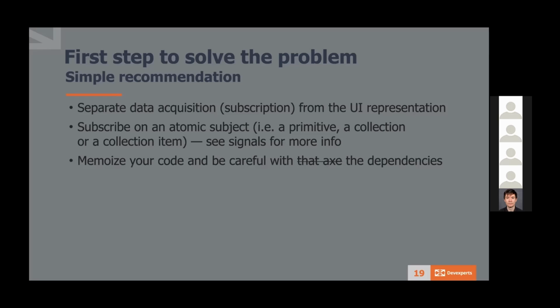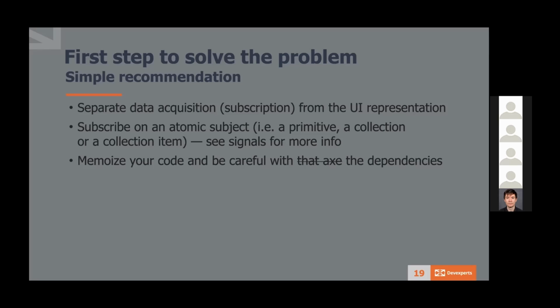Then we should minimize our code and be careful with the dependencies. Really, dependencies is a big deal. If you mutate your object, or the reference has changed but the object didn't change, it can start or not start some updates when it should, so really be careful with the dependencies.